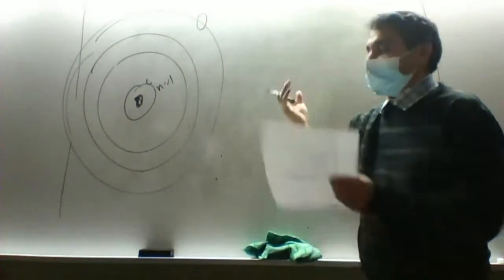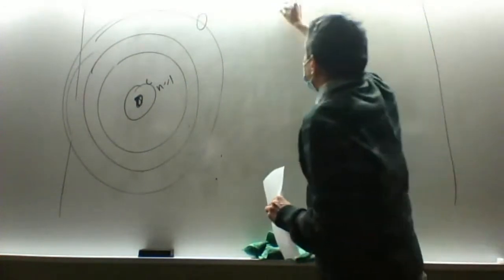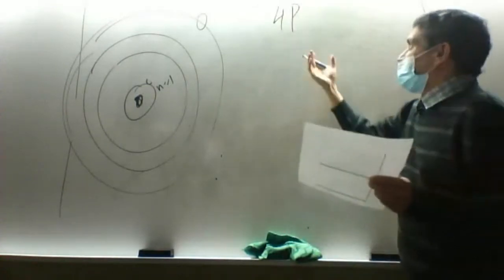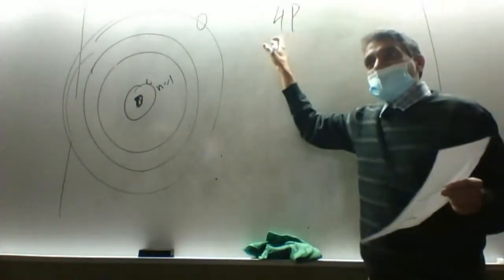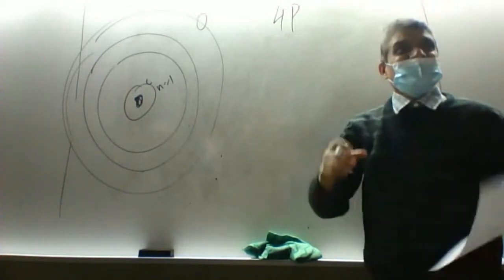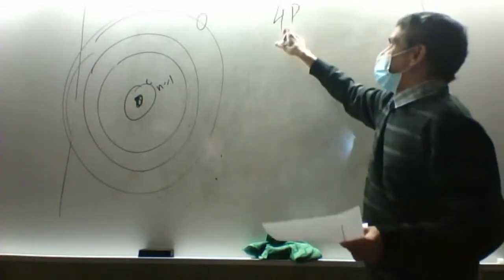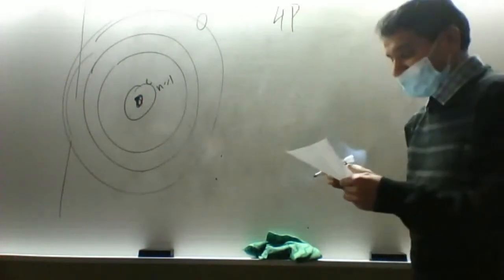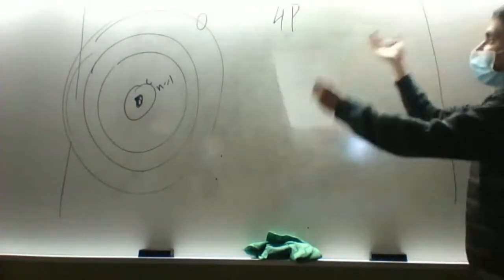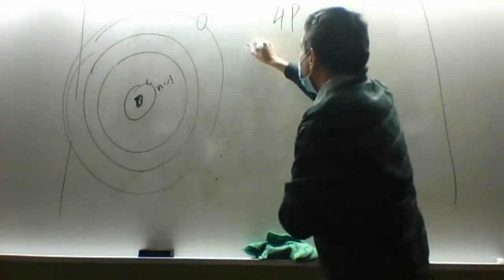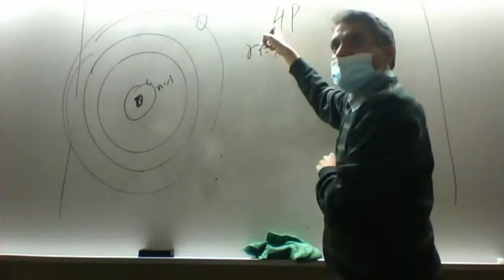So it is saying that the electron is in 4p. There are many states in that fourth orbit. There is an S, there is a P, there is a D, there is an F, right? Out of those states, the electron is sitting in the P seat. Now he is asking to calculate all the quantum numbers possible for that electron. So N is 4.